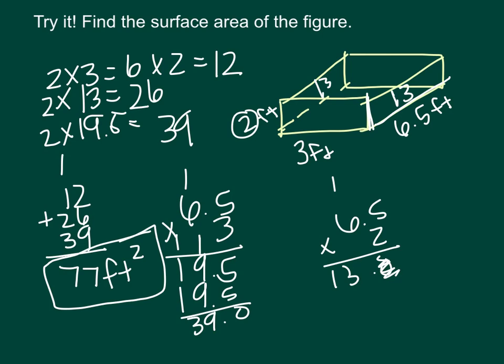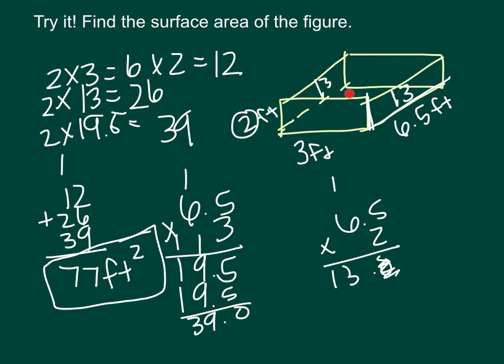But I just want to rephrase. So I got my 2 times 3 by doing 2 times 3 for this front side, and then 2 times 3 for the back side. Okay? And then I got 2 times 13 by doing 2, which was this length, by 6.5. So these 2 sides were 13.